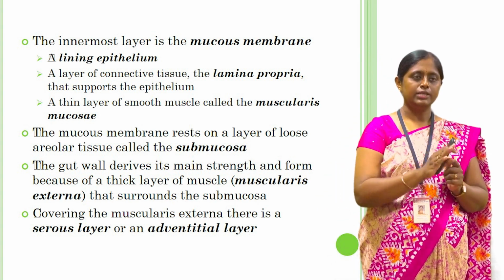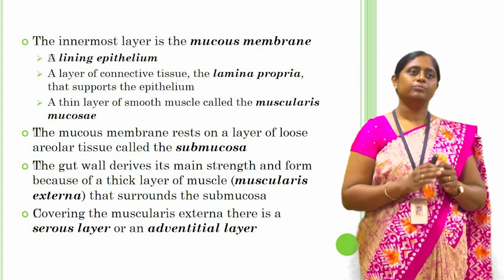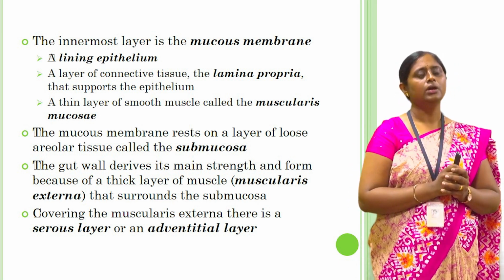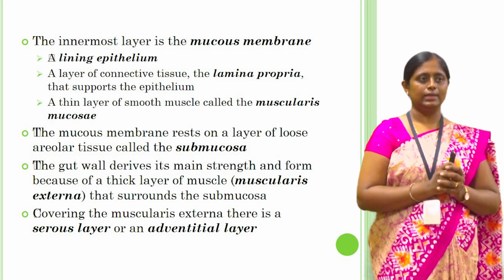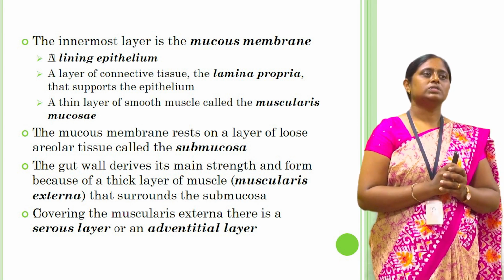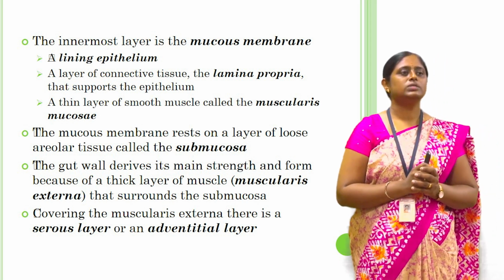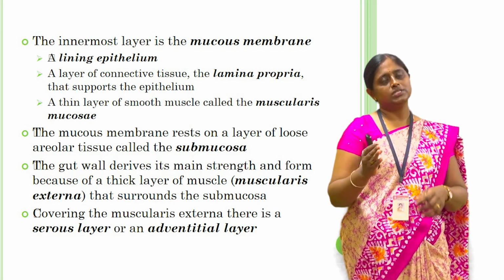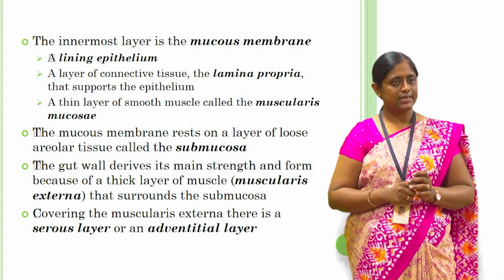Then, apart from the mucosa membrane, the next layer which surrounds the mucosa membrane, we call the submucosal lining. This submucosal lining is mainly made up of loose areolar tissue. And then the next layer to the submucosa, we call the muscularis externa.